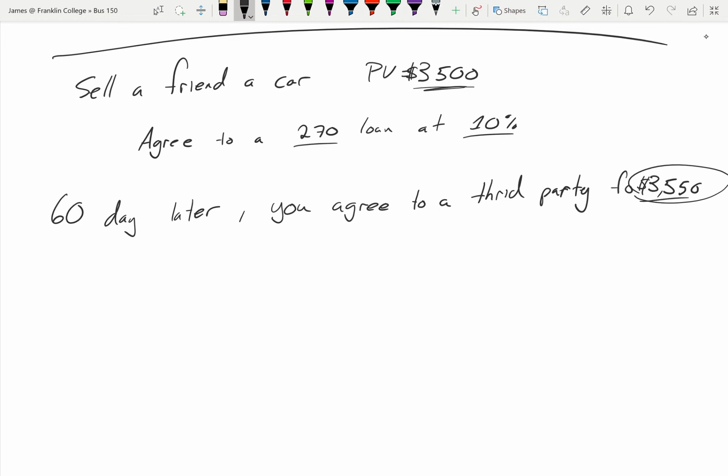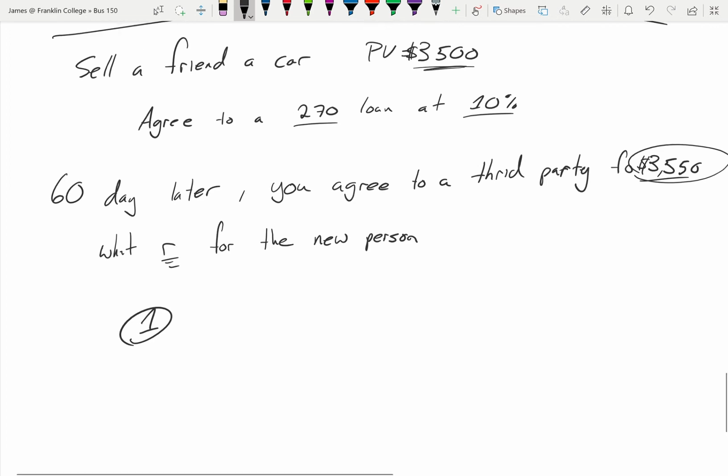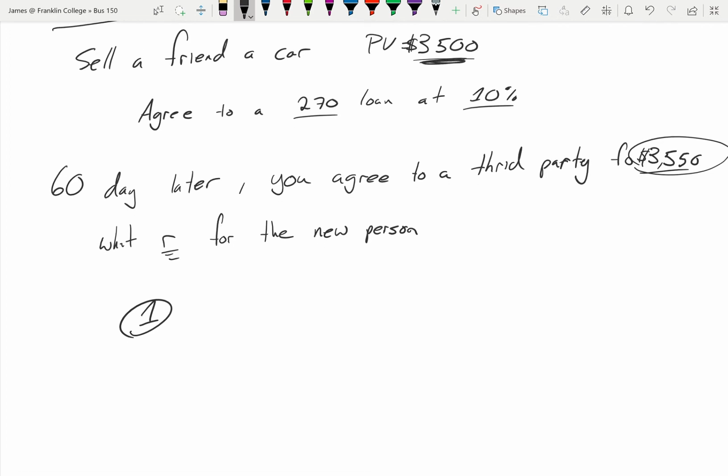And now we can ask, hey, what was the simple interest rate for our new person, the third party? How do we go about solving this? Well, this is kind of a two-step problem. First, we want to figure out how much someone is going to pay back at the end of 270 days, given the original loan.